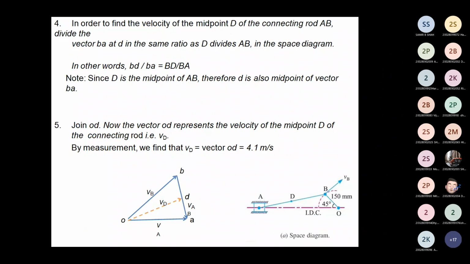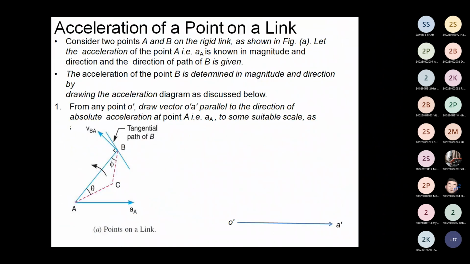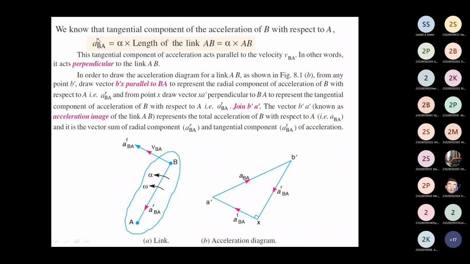We know very well, as I discussed earlier, that alpha is the tangential part of that link divided by the length of that link.